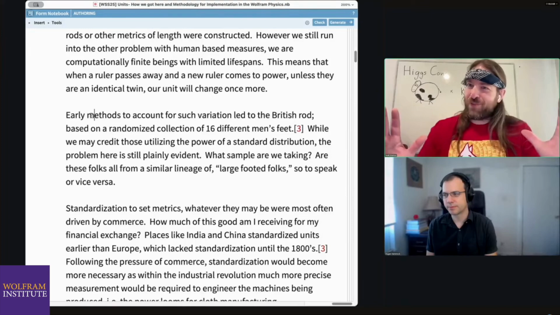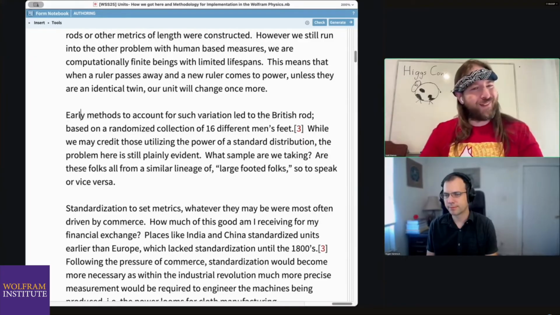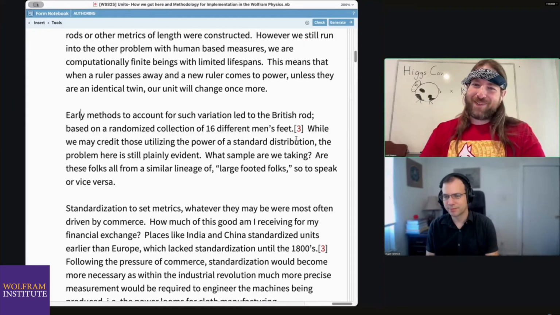So some of our British friends apparently had the great notion of let's utilize a standard distribution. So I'll just read from this part. So early methods to account for such variation led to the British rod, based on a randomized collection of 16 different men's feet. Well, we may credit those utilizing the power of a standard distribution.